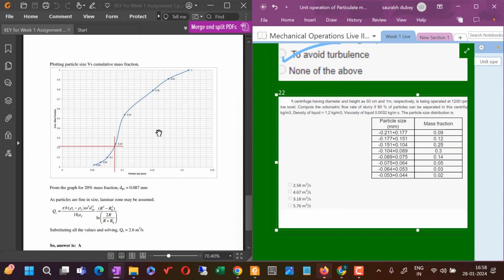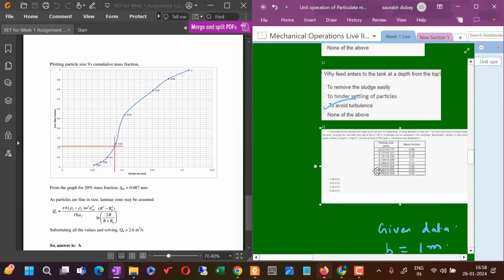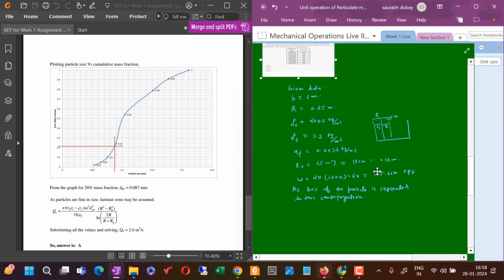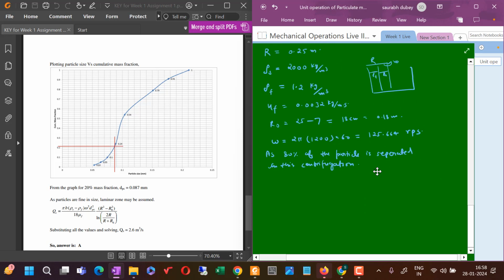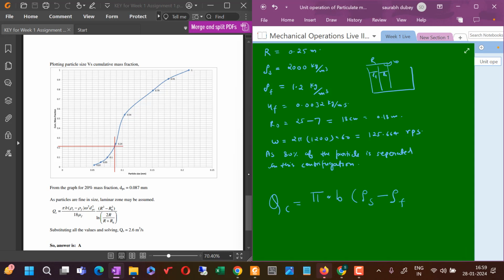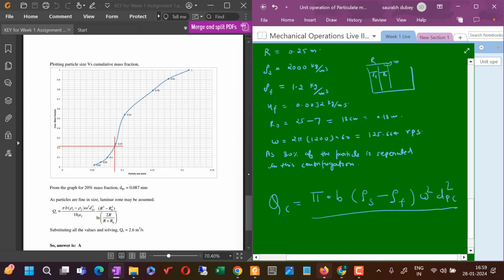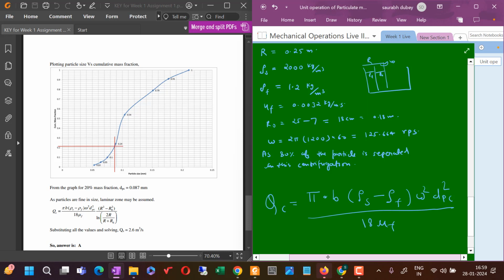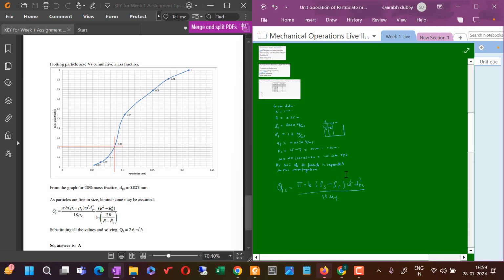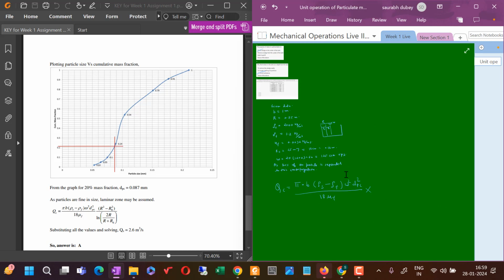So it is very clear from this discussion that the continuous centrifugation process involves this: Q can be calculated using pi times height, which is there in the lecture, times rho solid minus rho fluid, omega squared, dpc, the cutoff diameter of the particle, divided by 18 mu f, and this will be used along with R squared minus R0 squared divided by ln of 2R divided by R plus R0.